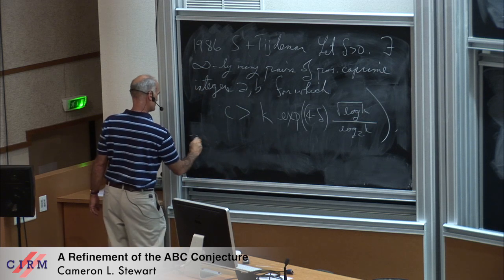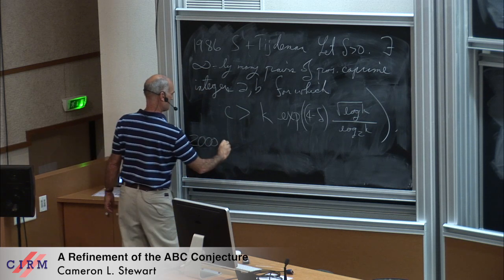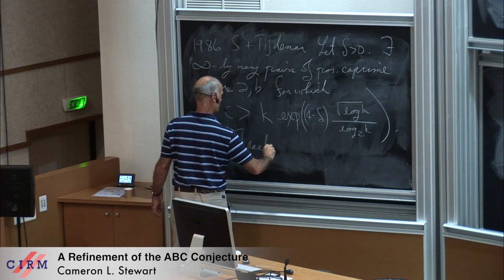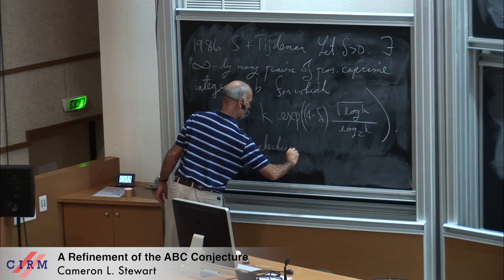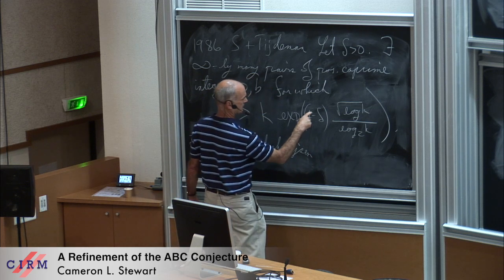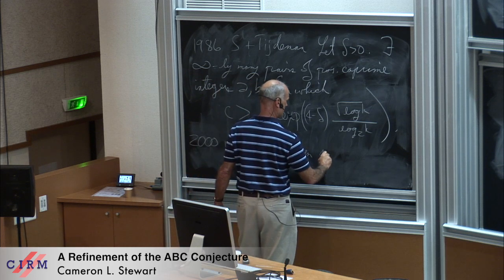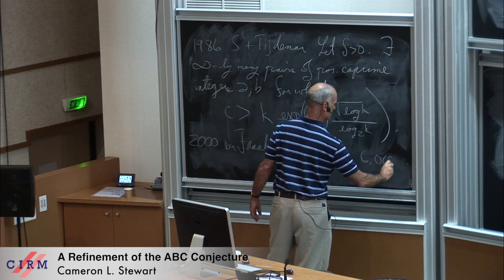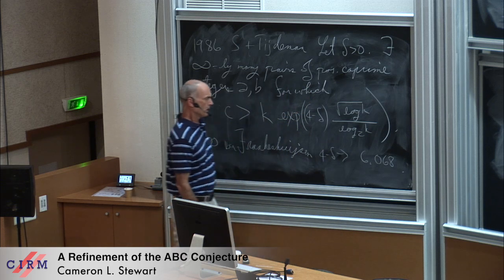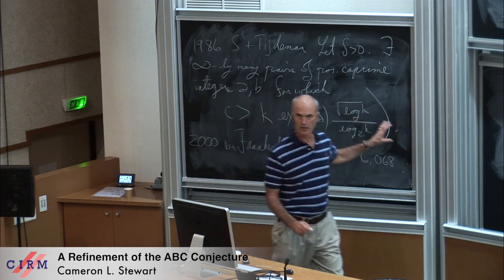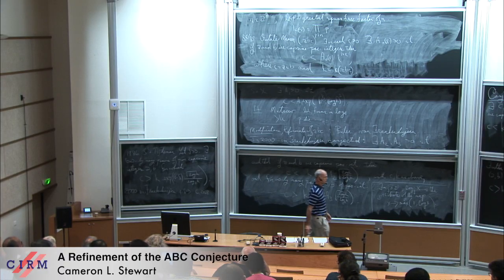And in 2000, Frankenhuisen showed that one could replace this constant 4 minus delta by 6.068. Okay, so we see, at least from below, we're getting fairly close to what we conjecture the truth to be.